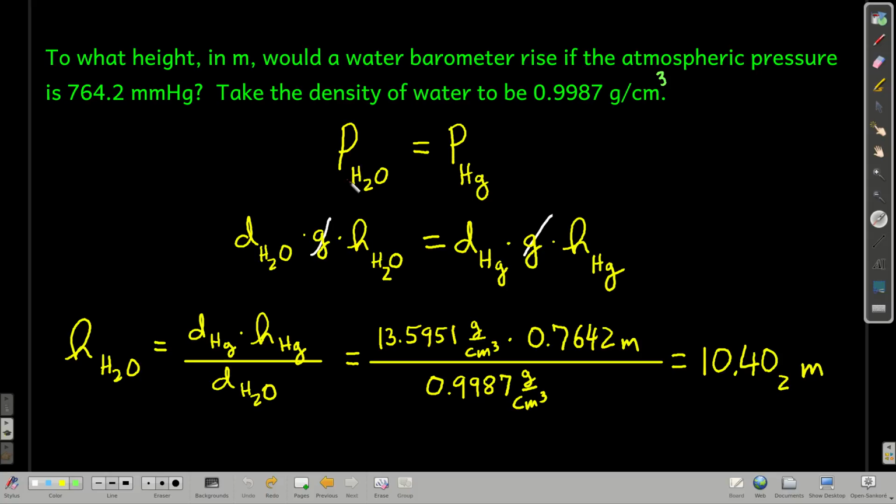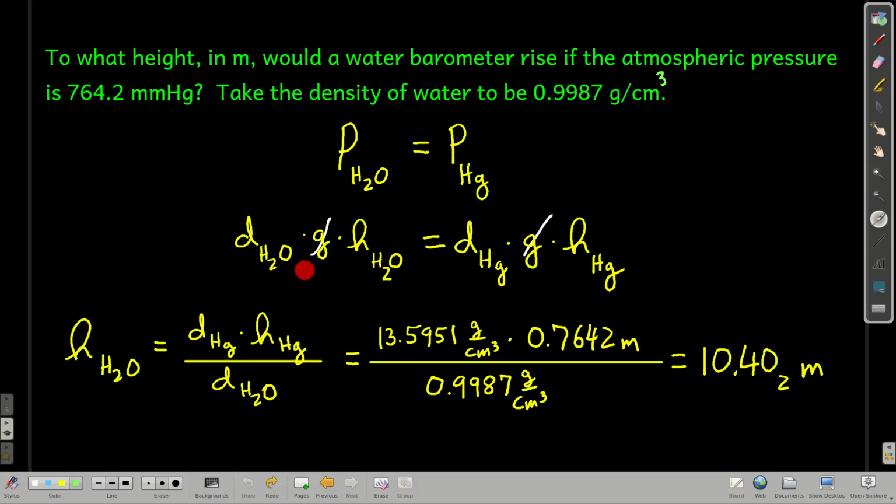So we know that the pressure exerted by the column of water has to be the same as the pressure exerted by the column of mercury, because they're both exposed to the atmosphere. So we can say dGH for water is equal to dGH for mercury, and because G is the same on both sides, it cancels. What we want to know is H for water, this right here.